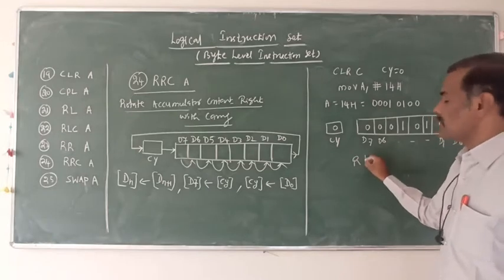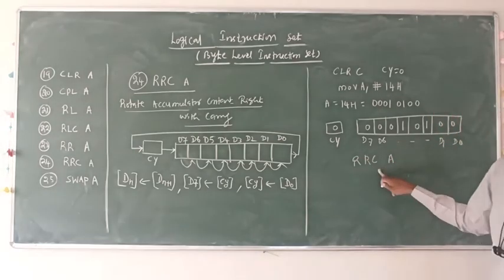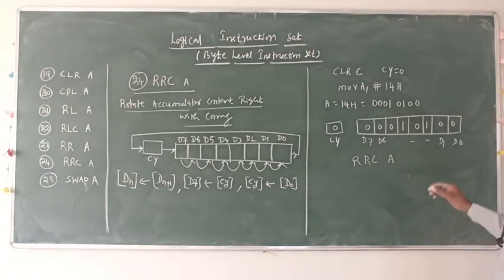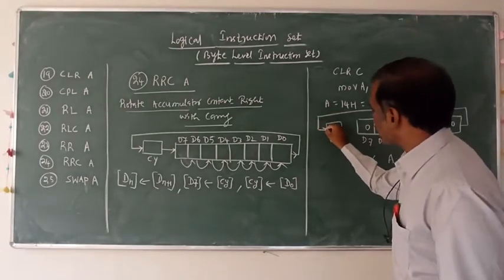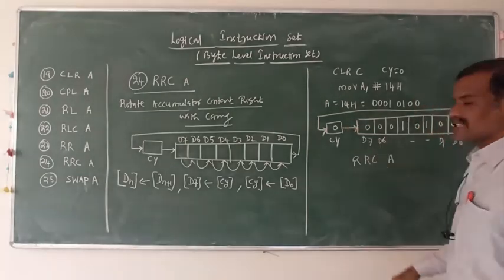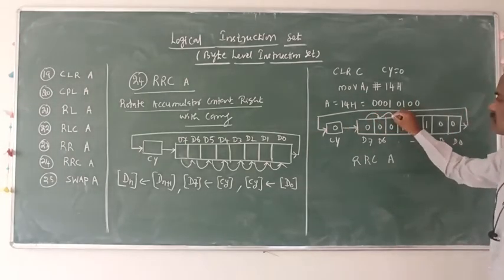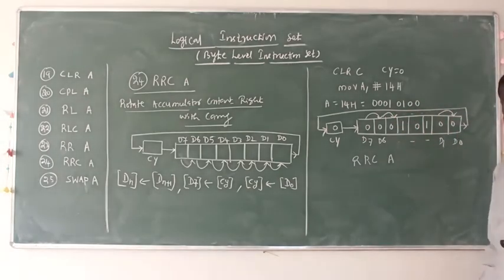After RRCA, rotate accumulator content right with the carry. Now the D0 bit data moves to carry status, and then carry bit data moves to D7, and then D7 data moves to D6, D6 to D5 like that, D1 data moves to D0.